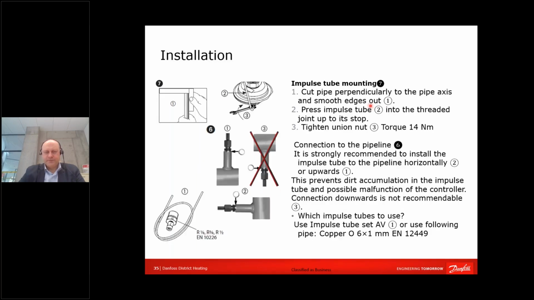So there are some limits. The impulse tube should be connected to the pipeline top or side, never bottom, because it will collect dirt.